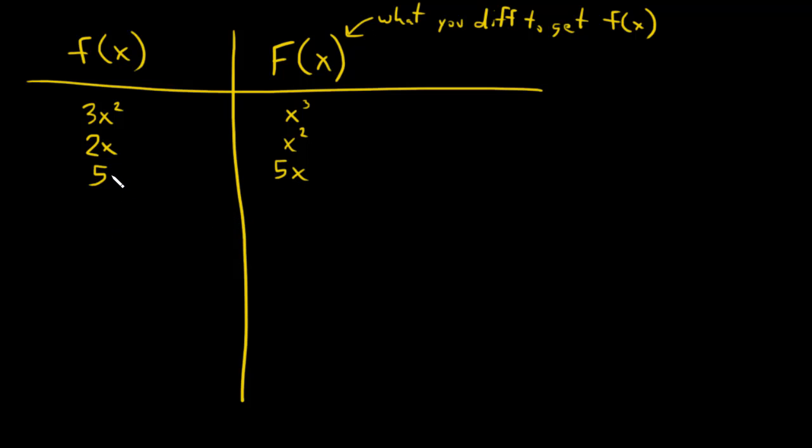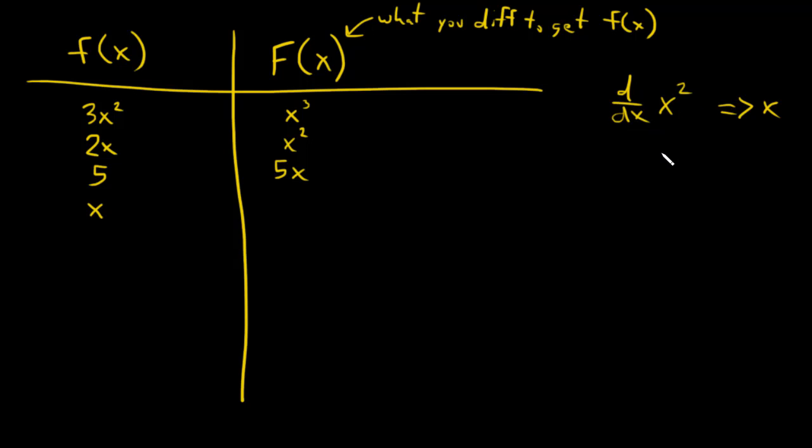So I'm going to do a few more of these. What would I have to differentiate in order to just get x, plain old x? Well, I can do some scratch work. What is going to yield x if I differentiate?